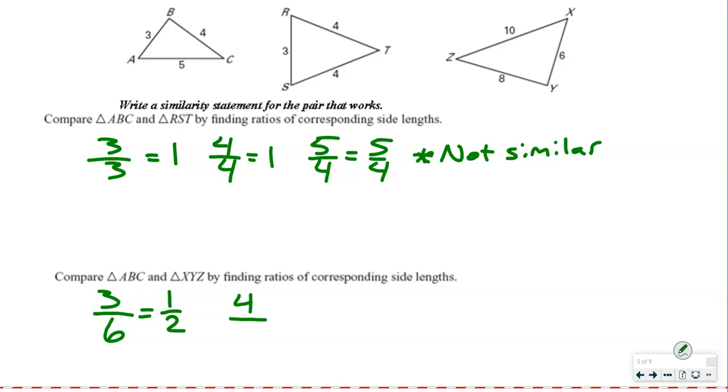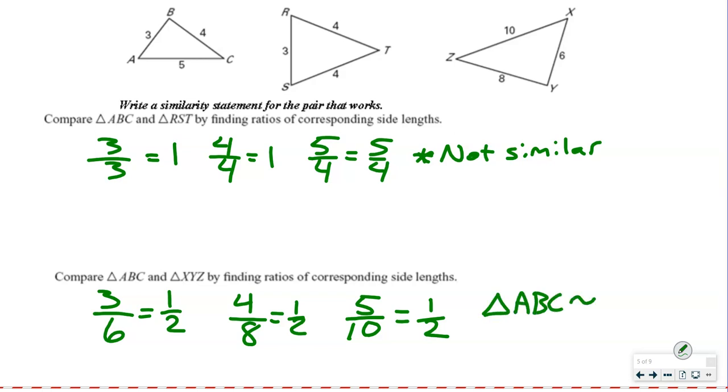Middle side length on XYZ is 8. That simplifies to 1/2. Then our longest side length in ABC is 5. Longest side length in XYZ is 10. That simplifies to 1/2. So XYZ is our similar triangle to ABC. So triangle ABC is similar to triangle XYZ.